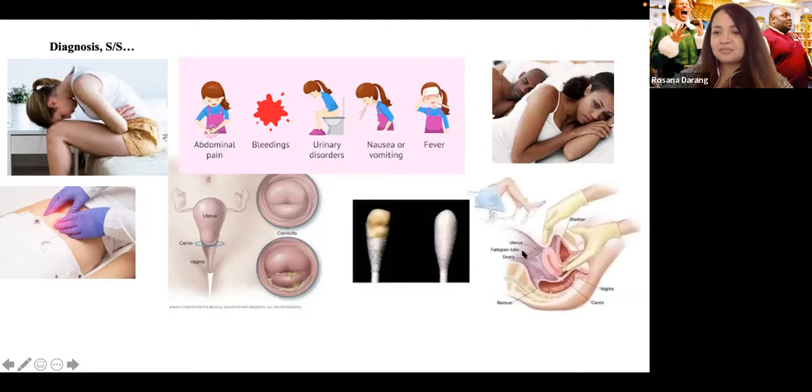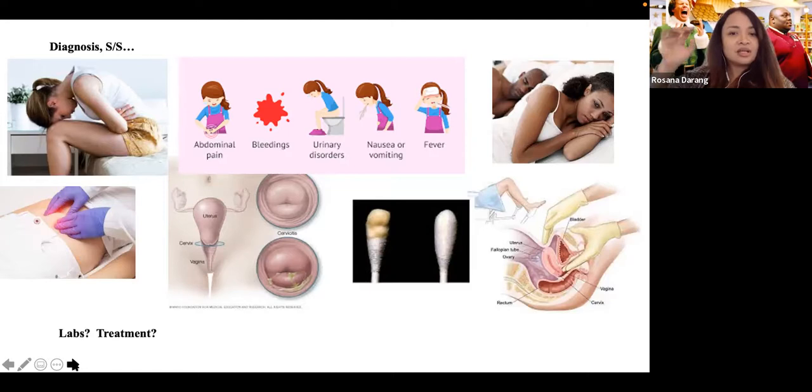And that's a picture of a bimanual examination. So with a gloved hand, internal examination, and of course external examination, you can also check for tenderness in the adnexa, or the organs lateral to the cervix and the uterus.